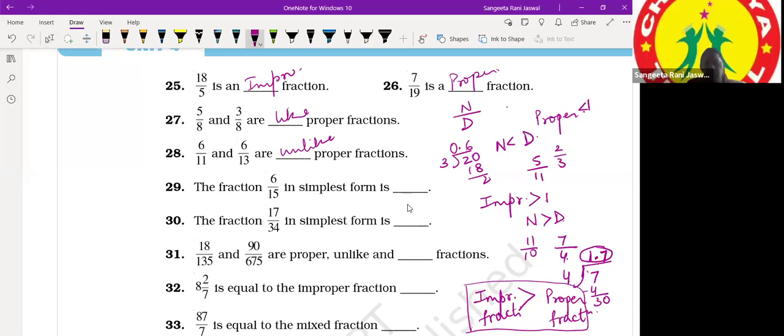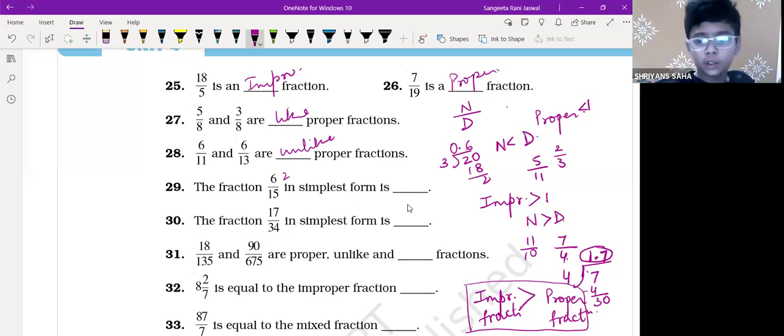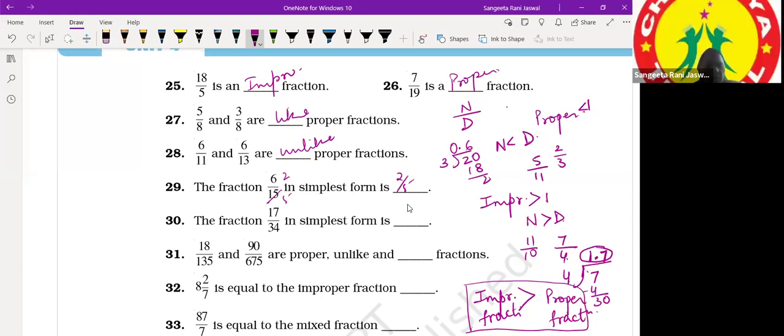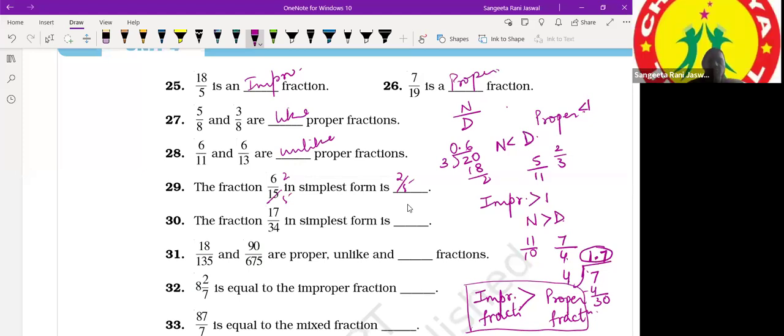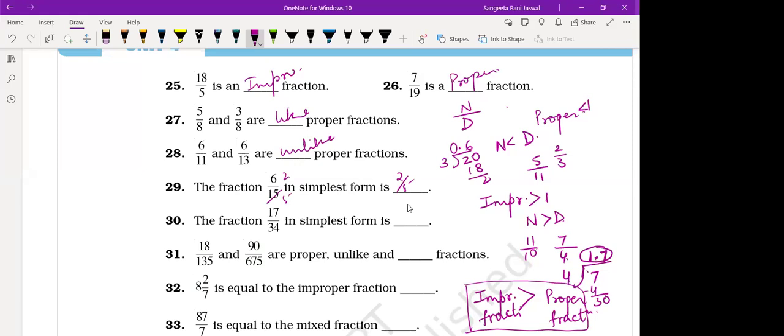We can reduce it by 3. 3 twos are 6 and 3 fives are 15. Right. Okay, the fraction 17 by 34 in the simplest form is what now? 17 by 34. Ma'am, 1 by 2. Very good. That's 1 by 2.